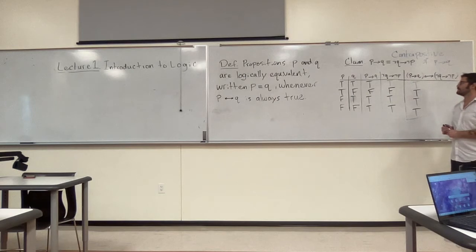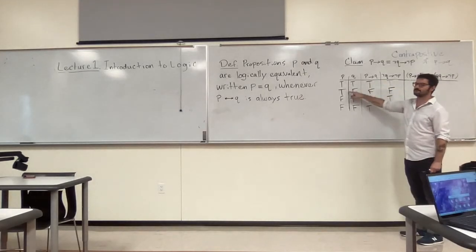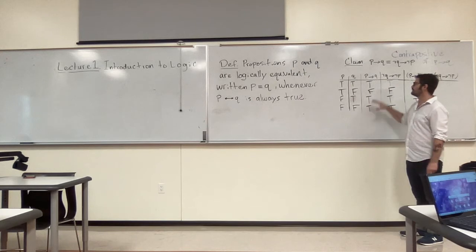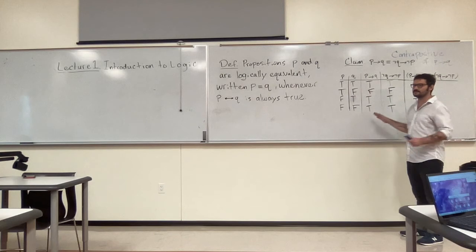The P, therefore Q. So if P then Q? Yeah. So this is the definition of the conditional. True implies true is true, true implies false is false, false implies true is true, false implies false is true. The only time the conditional is false is when you have a true hypothesis and a false conclusion. That's the only time.